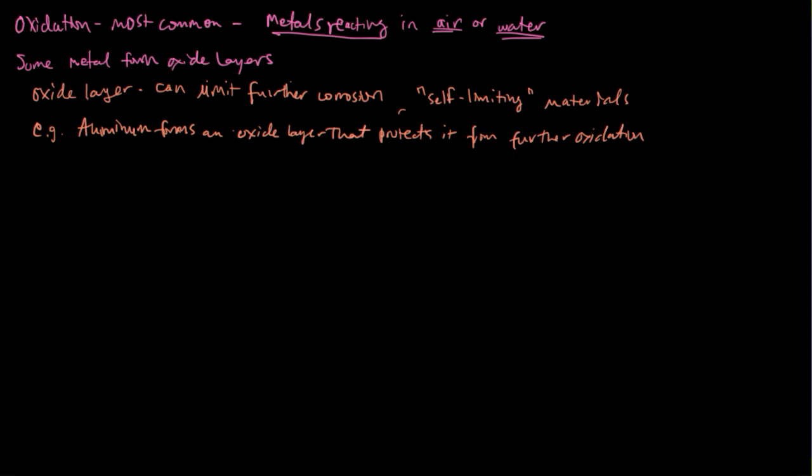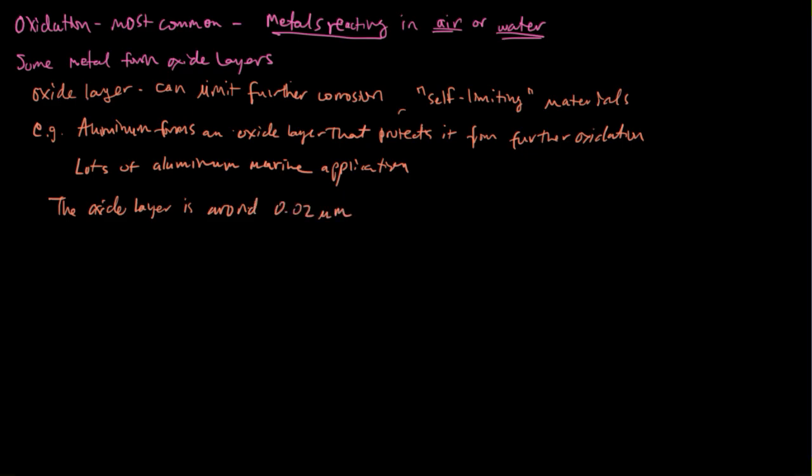This is one of the reasons that you have lots of aluminum marine applications. The oxide layer for aluminum is around 0.02 microns, and it forms aluminum oxide.